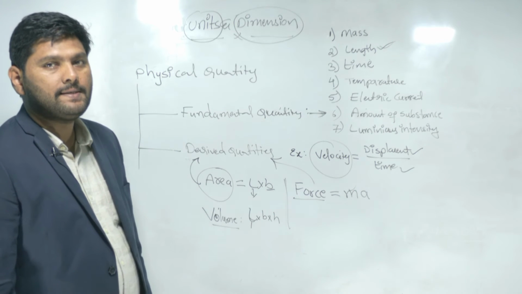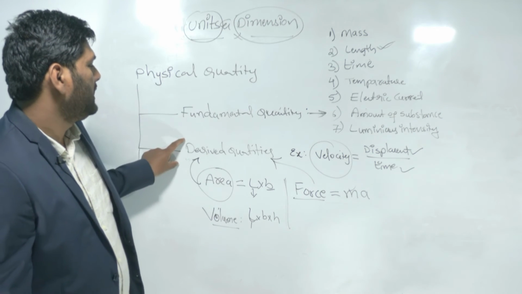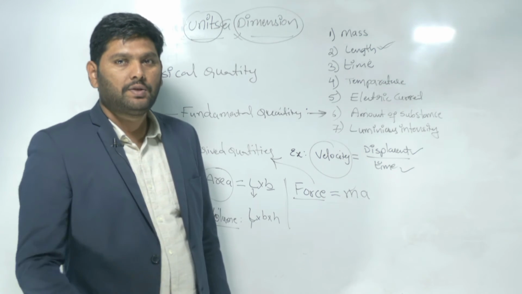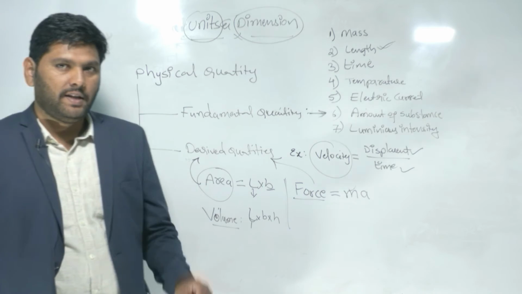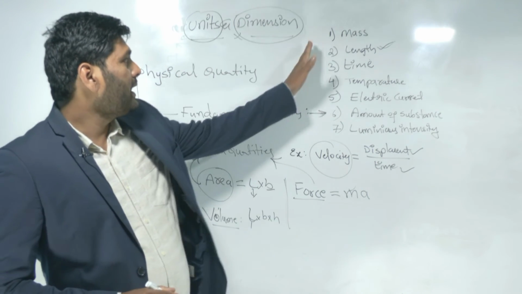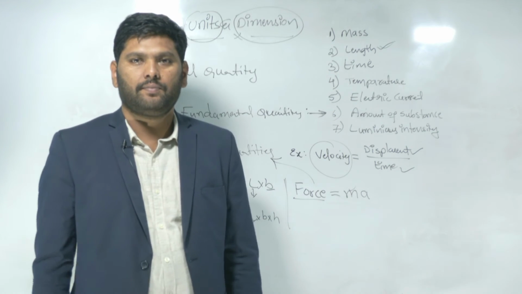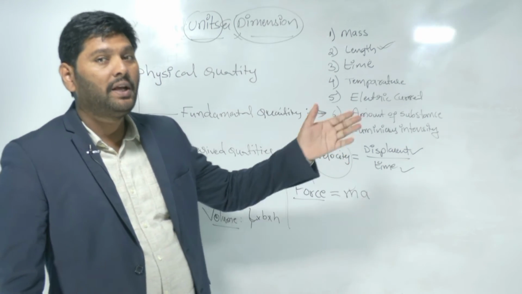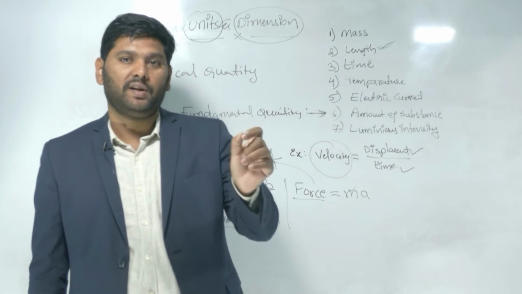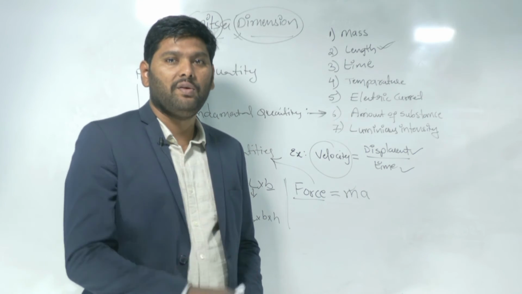So this is where we can explain fundamental quantities and derived quantities. Can I say one logic here? You can treat these fundamental quantities as alphabets. Understand? How many alphabets do we have? That is 26, it is fixed. But how many words do you have?